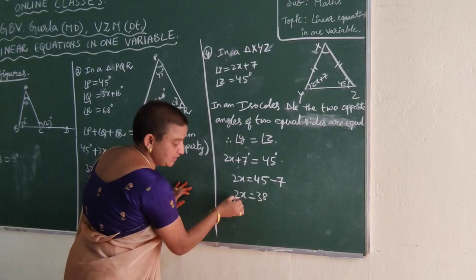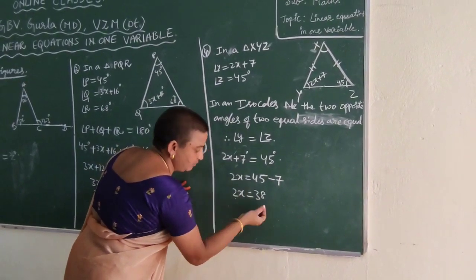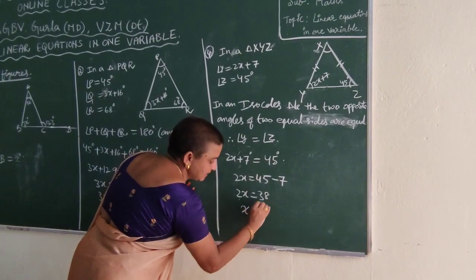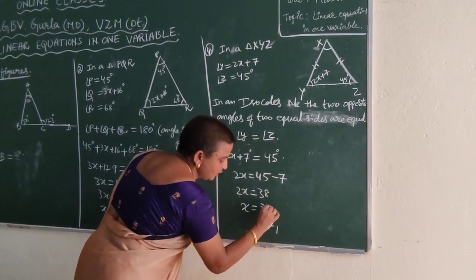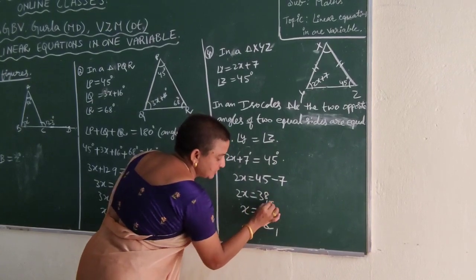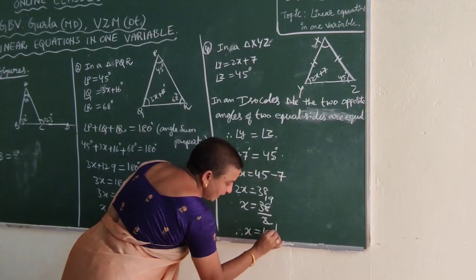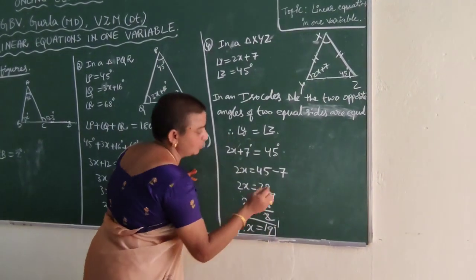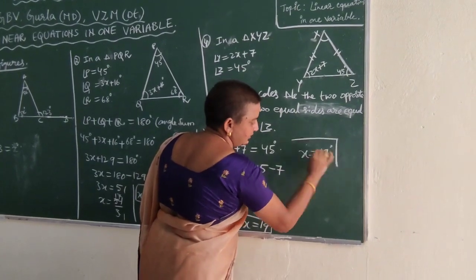So transposing to RHS, it becomes a division term. So x is equal to 38 by 2. That means 2 ones are 2, 2 nines are 18. So the value of x is equal to 19 degrees. So the variable value x is equal to 19 degrees.